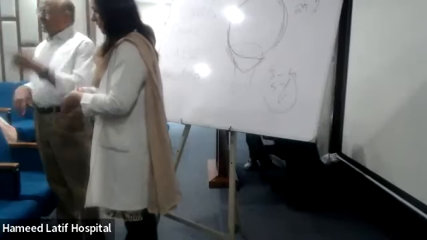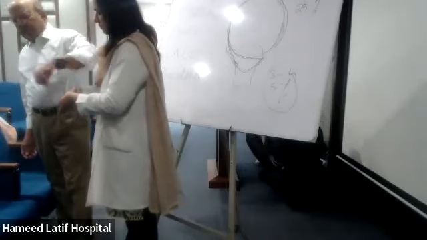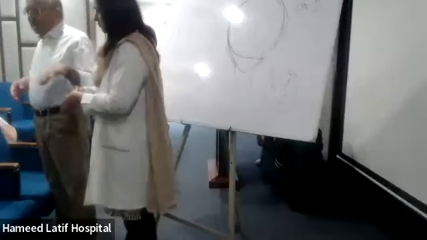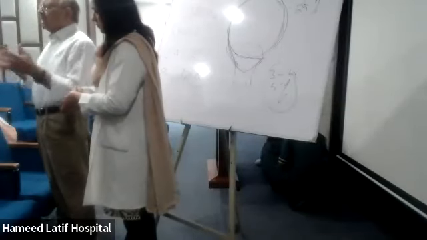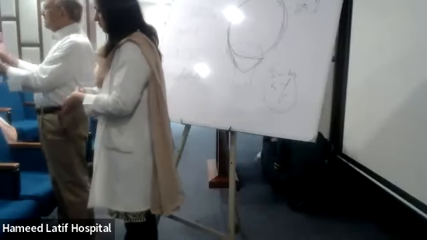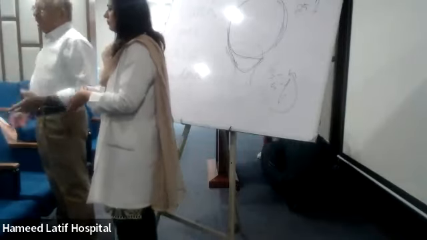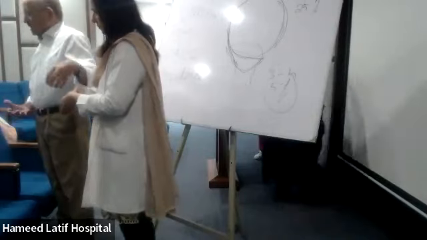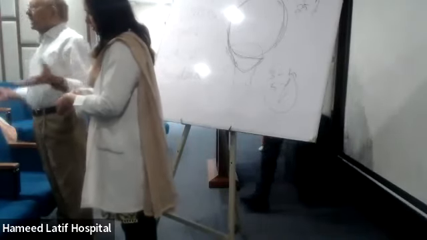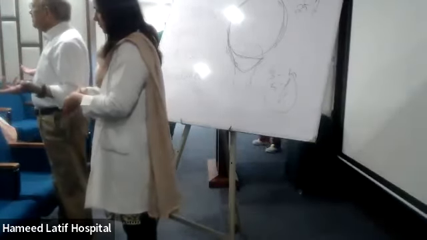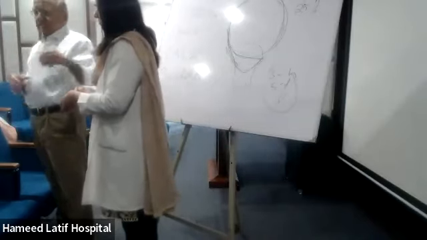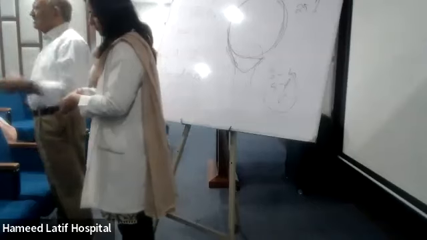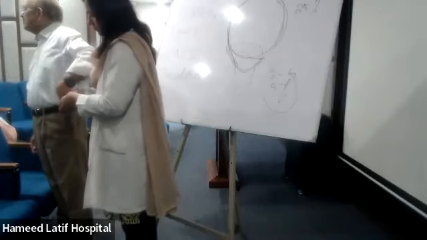That's one. Secondly, when the head comes down, the head has a diameter of 13 centimeters as well, which may get stuck. But there is a mechanism, we know that the head gets flexed. Flexion makes the head's diameter, which in vertex presentation is 9.5 or 10 centimeters, go through the pelvis.